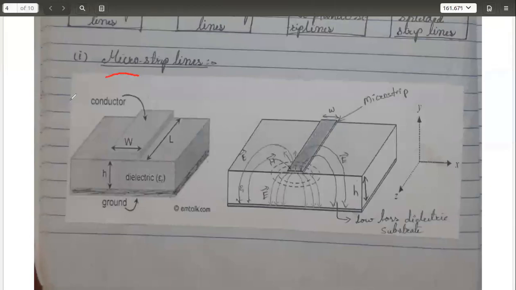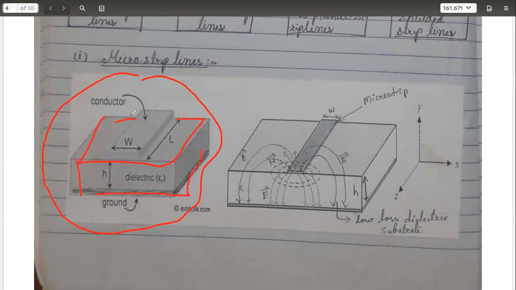If you see this first figure, it gives you the constructional details. You have a section here, and over this there is one more separate section. So these 2 different things are together.